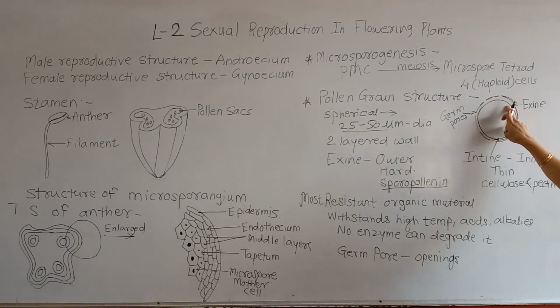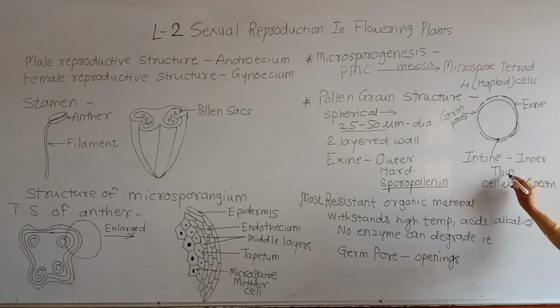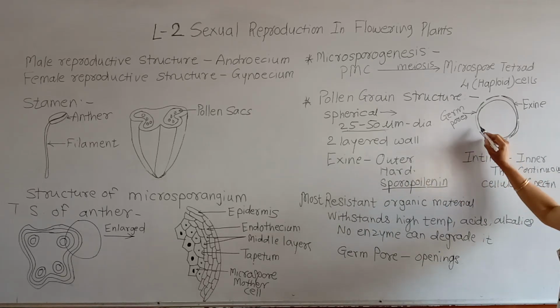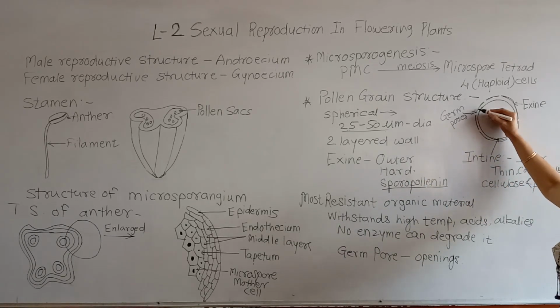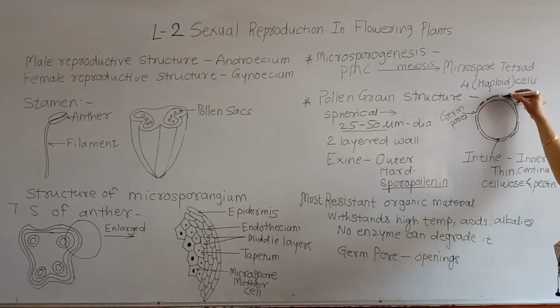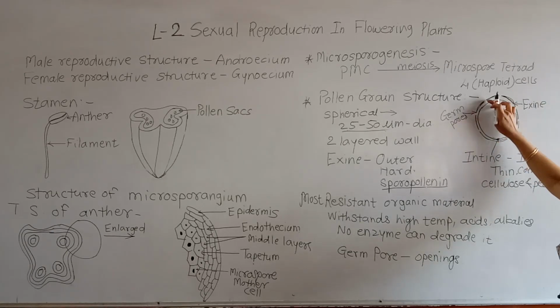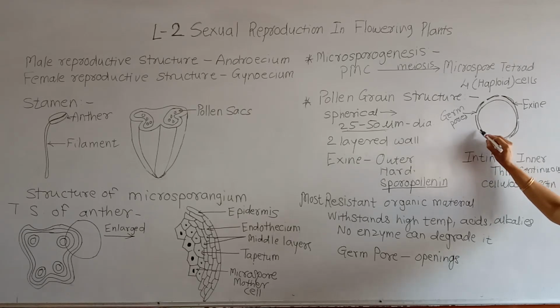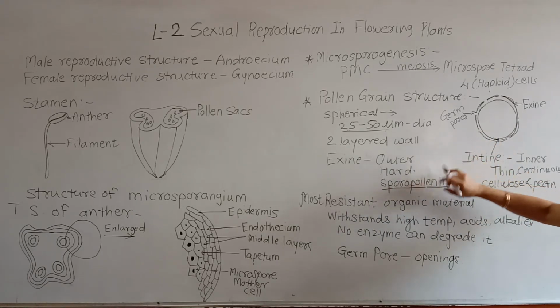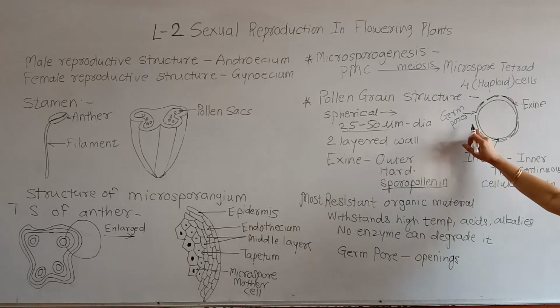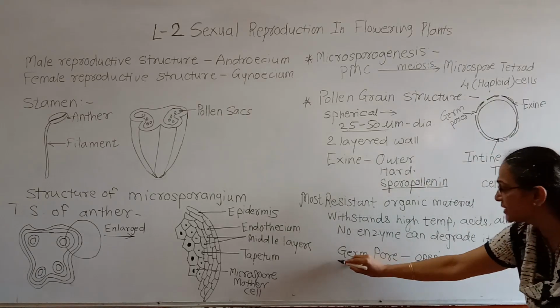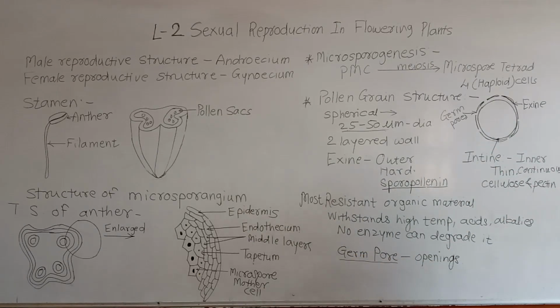The inner layer, that is intine, is thin and it is continuous. That means here it is broken. You can see the outer covering is broken because there is a gap. In this gap portion, the sporopollenin is absent, and that is called germ pore.